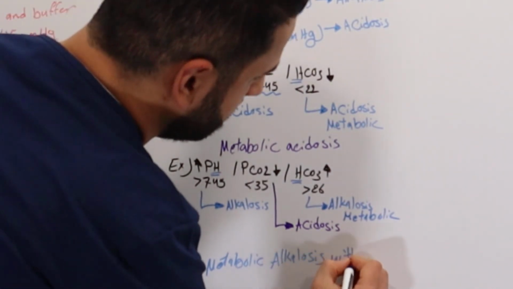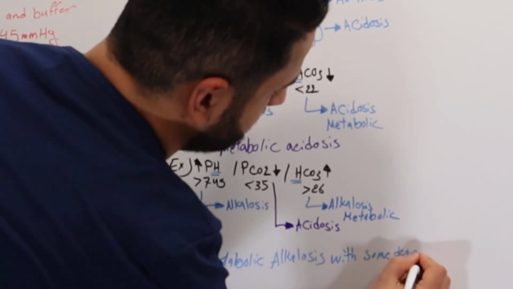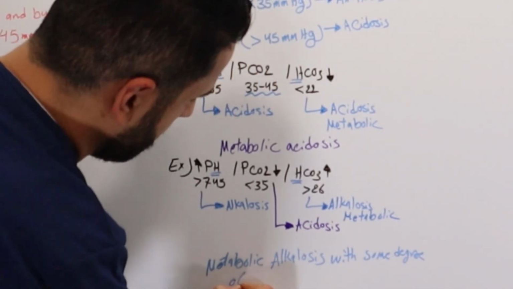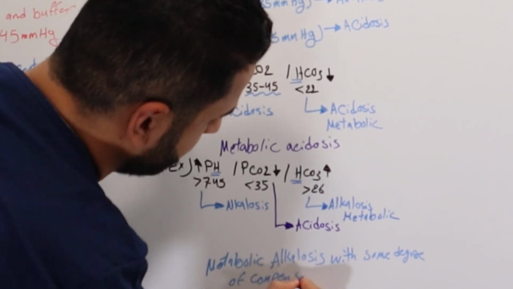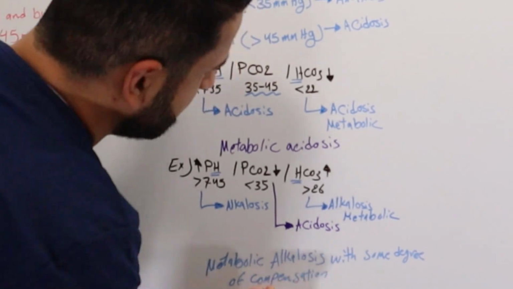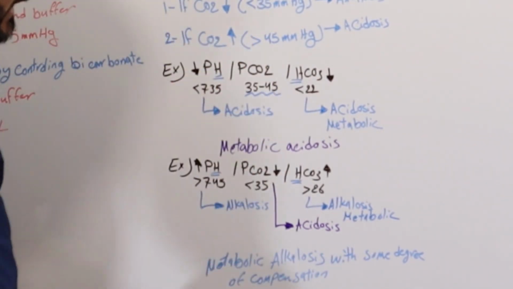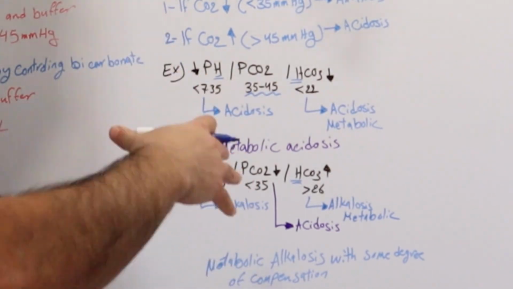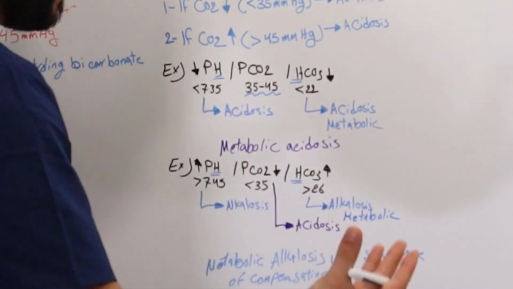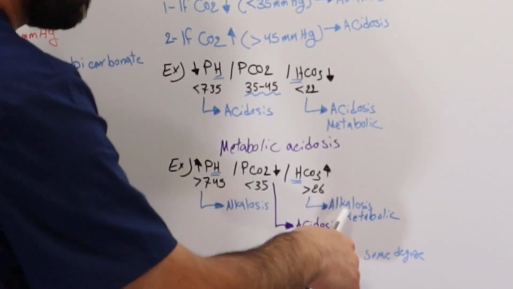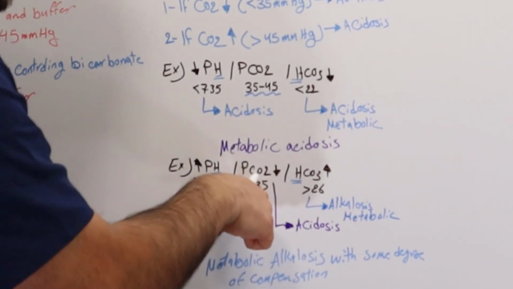With some degree of compensation. The reason I say some degree of compensation is because we have the CO2 over here, it's decreasing. Remember, the body is always trying to go to this neutral pH. The way the body reacts when it's increasing in alkalosis, which means pH is increasing, is through the CO2 over here.